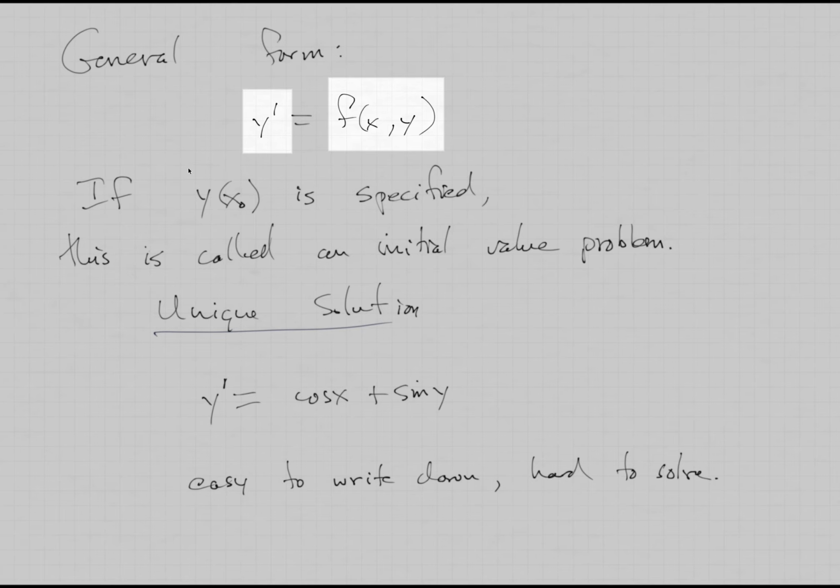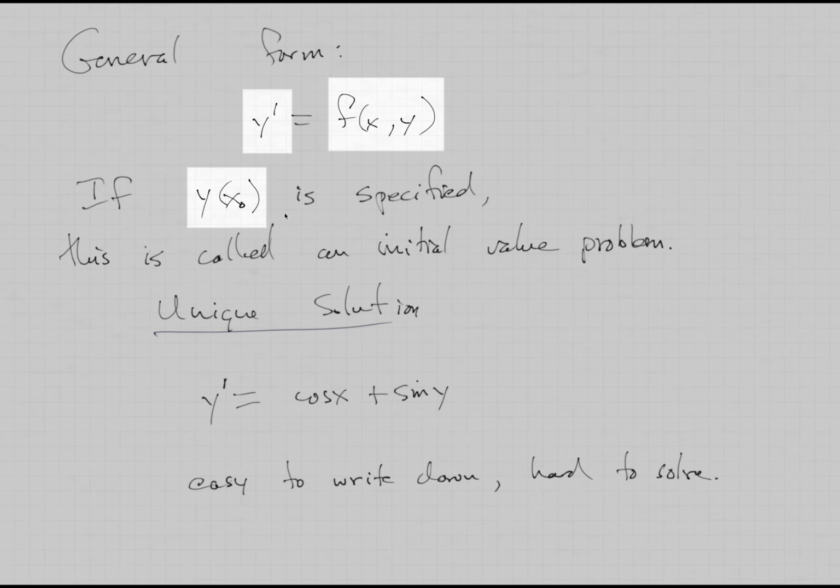Now, we're trying to solve this differential equation usually on some finite domain, especially for numerical purposes. We're not trying to get a general solution. So x0 is the left endpoint of the interval we're trying to solve this on.